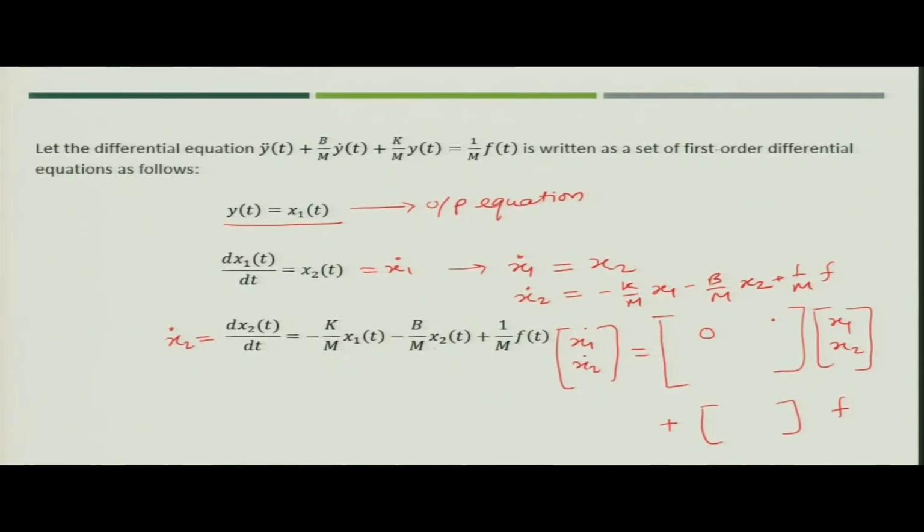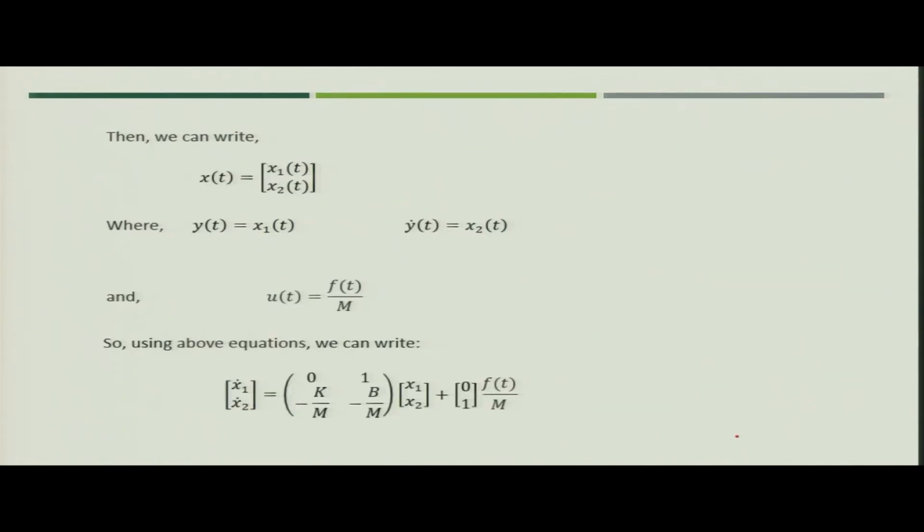So, this will become 0 1. For x2 dot, this will be minus k by m and for x2 it will be minus b by m. So, this is nothing but the matrix A we have got. For f, you have only one element, that is 1 by m, which is coming against x2 dot. So, you will have only one element in that.